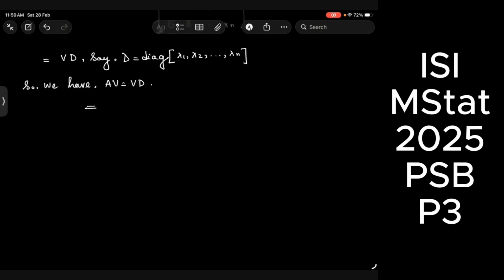So we are left multiplying with V inverse, okay?